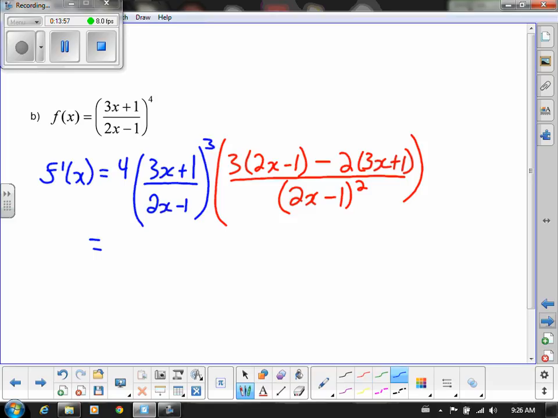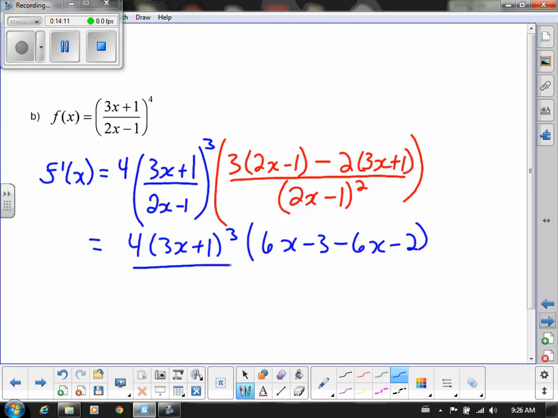Now when we simplify this, I'm going to have 4 times 3x plus 1 cubed. Here we're going to have 6x minus 3 minus 6x minus 2. And then I have two 2x minus 1s here. I have 3 over here to give me a total of 2x minus 1 to the power of 5.